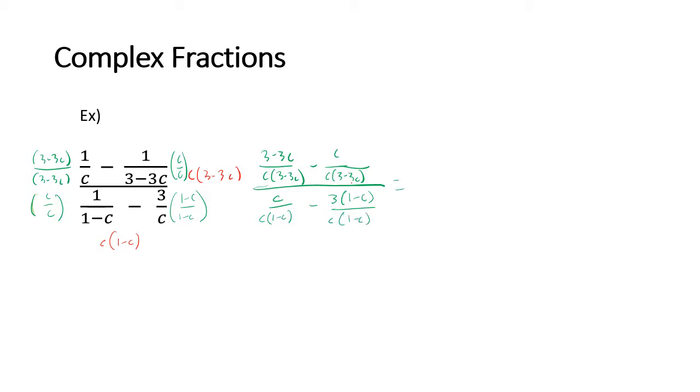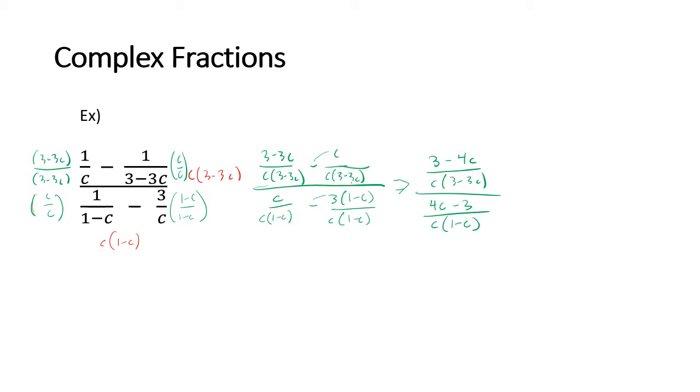I can clean up the numerator and denominator here by distributing this negative and actually doing the subtraction, right? So this would be 3 minus 3c minus c, which is 3 minus 4c, divided by c times 3 minus 3c in the numerator. In the denominator, if I distribute this through, it would be negative 3 plus 3c, right? So I'd have 4c minus 3 in the numerator, and in the denominator, c times 1 minus c.